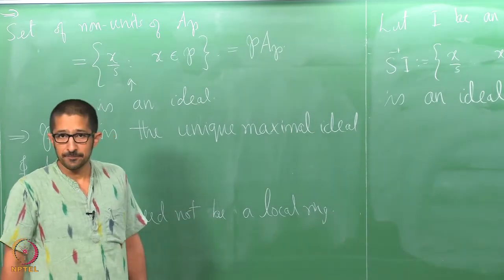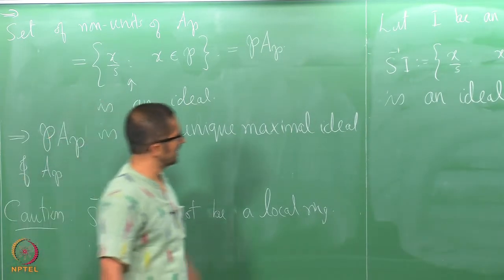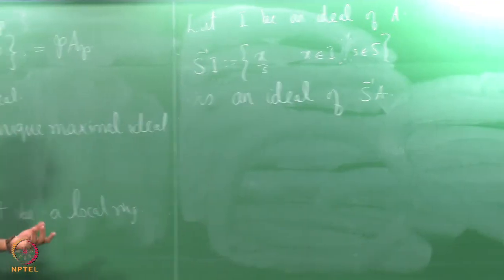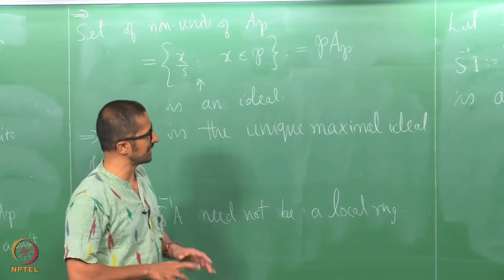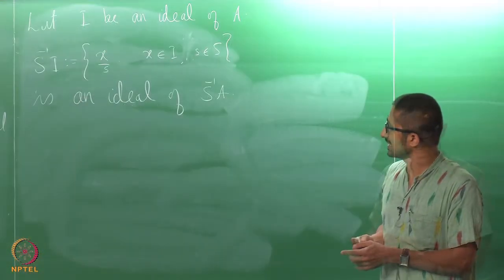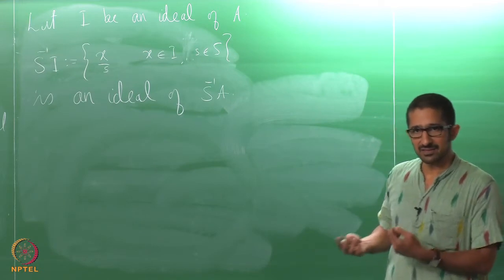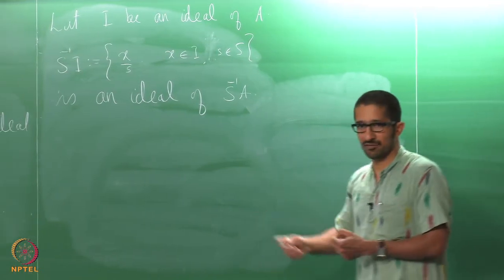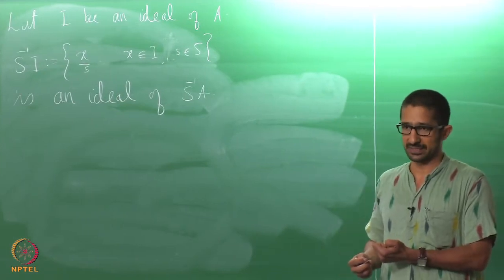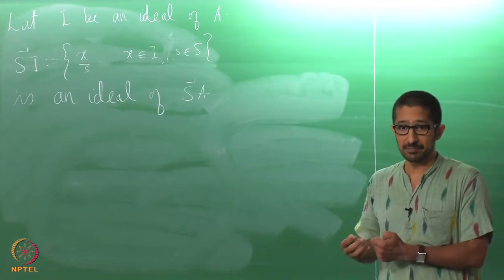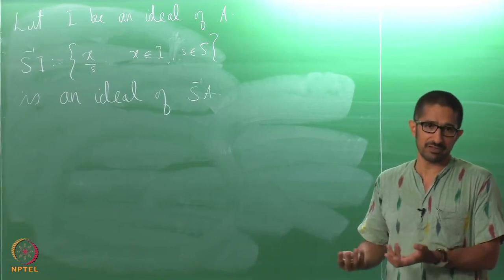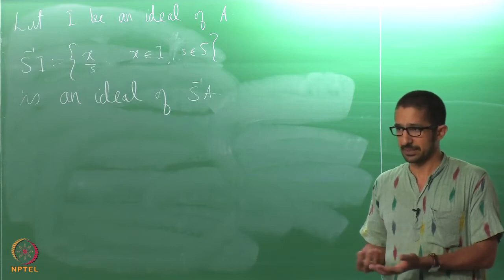But now the question is, if I is a proper ideal, does that mean that S inverse I is a proper ideal? When can we say that S inverse I will be a proper ideal? When will it not be proper, that is, equal to S inverse A?